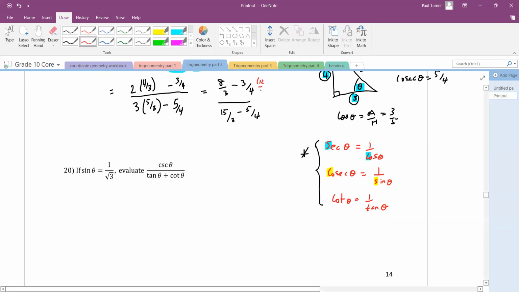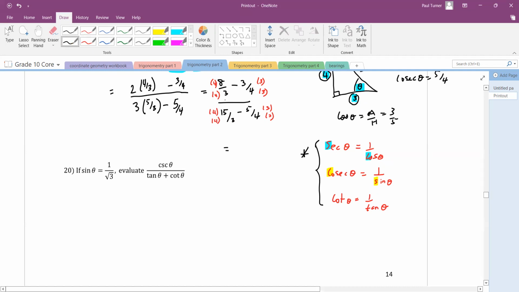So 12 would be the common denominator. So this would be multiplied by 4, and this one would be 3. This is 3 4s are 12, so this will be 3, 3. This is 3, so this would be 4, 4, like that.